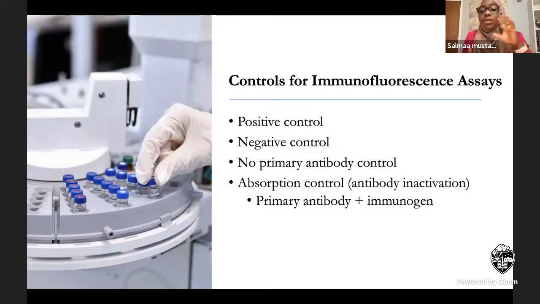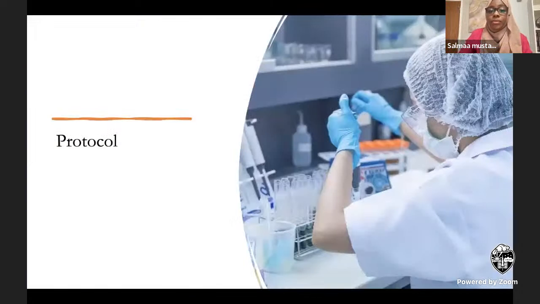That way, those antibodies bind to the antigen in the solution, and there is no antibody available to actually bind to your cells of interest. Therefore, you wouldn't see any signal. That's a control that will help you understand that your antibody is actually specific and reacting to your immunogen of interest. So all of these have to be taken into consideration while you're troubleshooting your protocol.